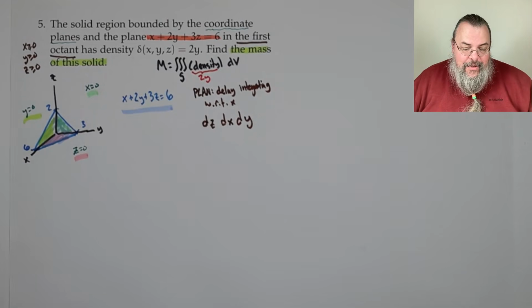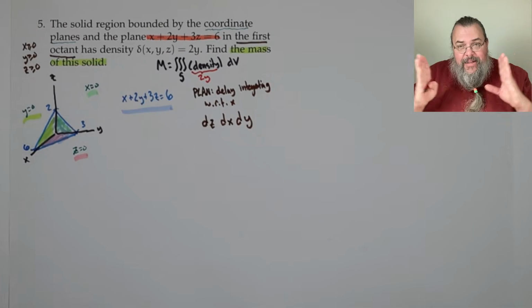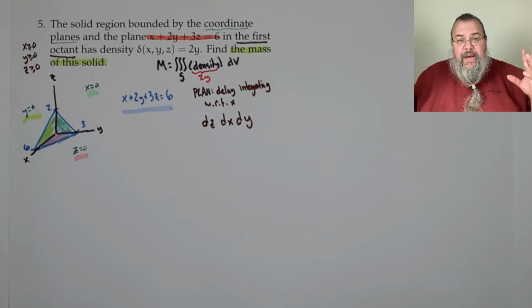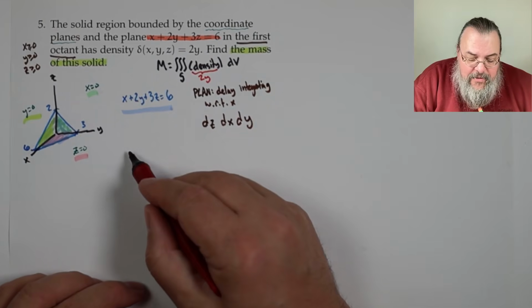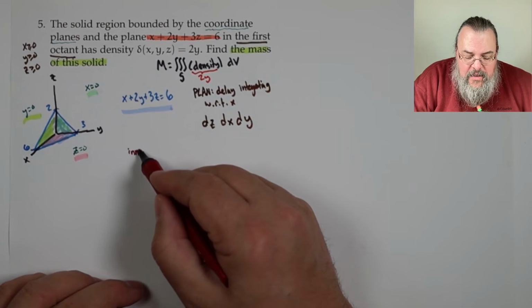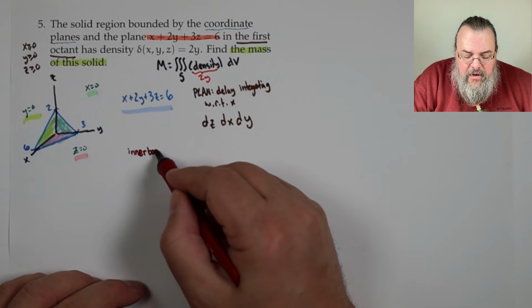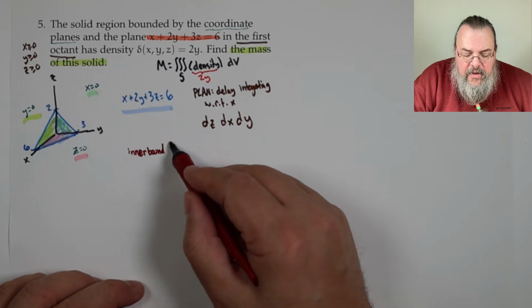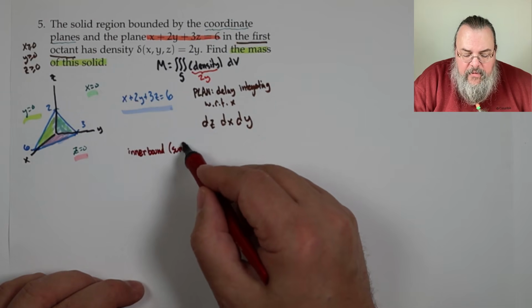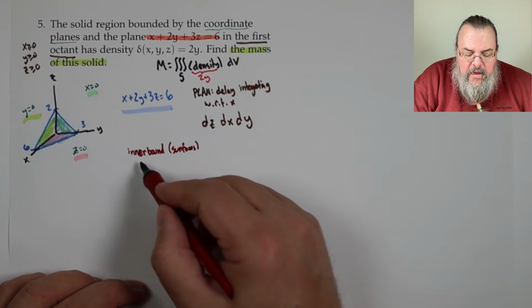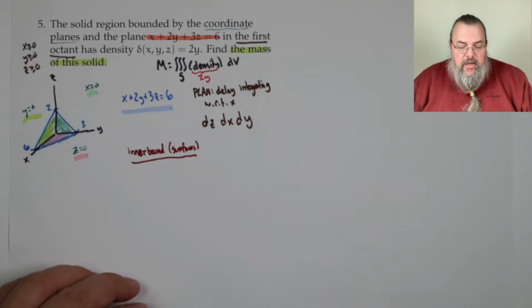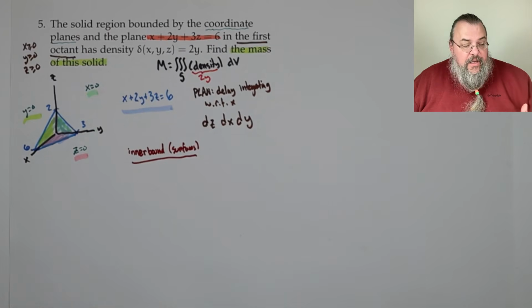All right, now we have to set up our bounds. So that means we've got two parts. I like to break it into the inner bounds and the outer bounds. For the inner bound, one singular, I'm going to think about surfaces. What is the inner part going between?